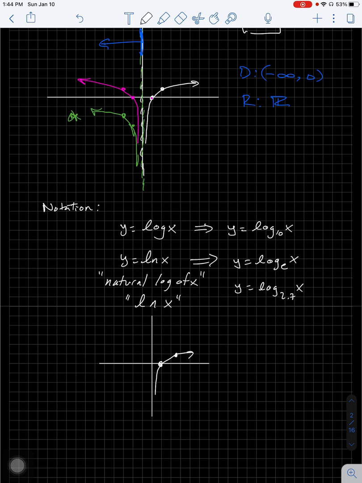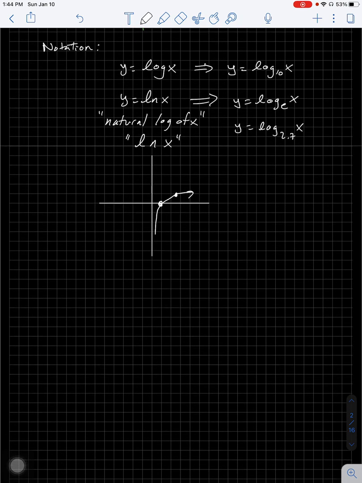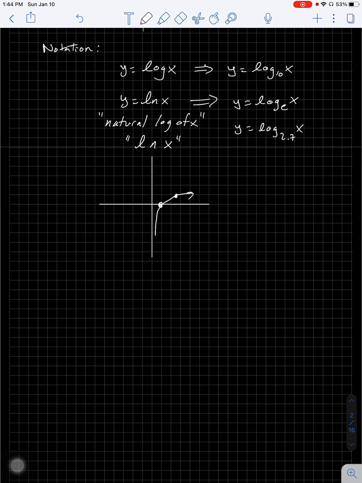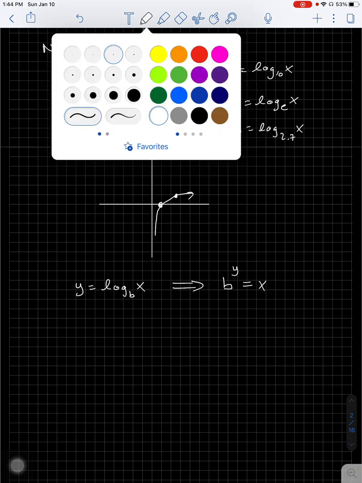Okay. Now, logs have a unique ability to transform their shape algebraically. If I have a standard log, let's just call it log base b of x equals y, I can write this algebraically in a different way. The way that it translates is the base to the power of what the log is equal to equals what you're taking the log of. So here's how I see it in my mind.